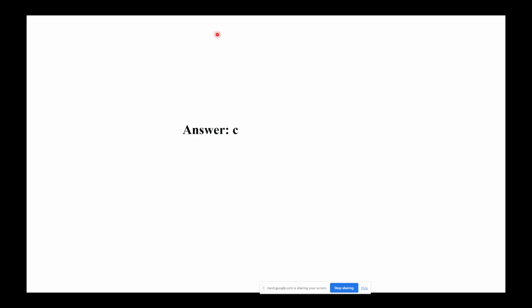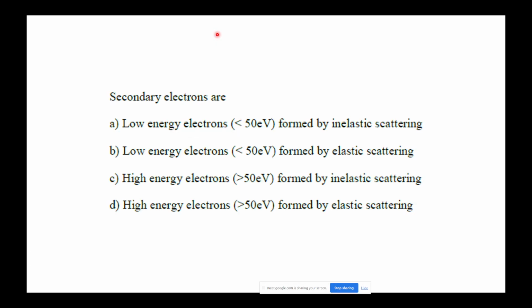It is regarding that. The secondary electrons are what? Low energy, formed by inelastic; formed by elastic; high energy formed by inelastic; or formed by elastic.